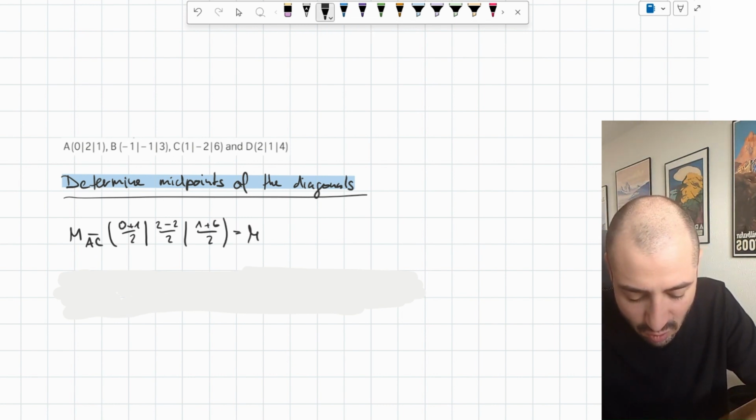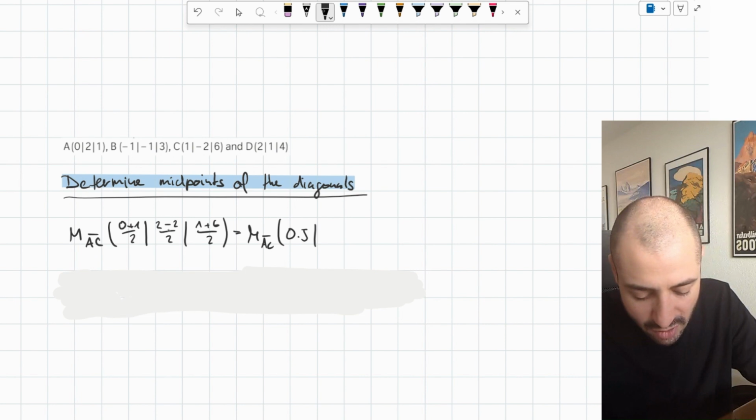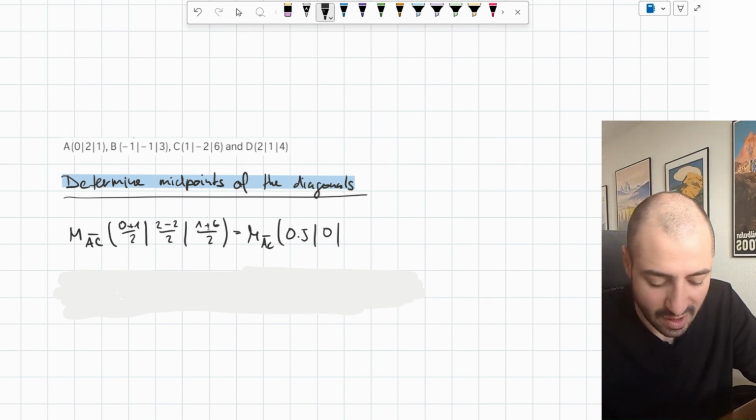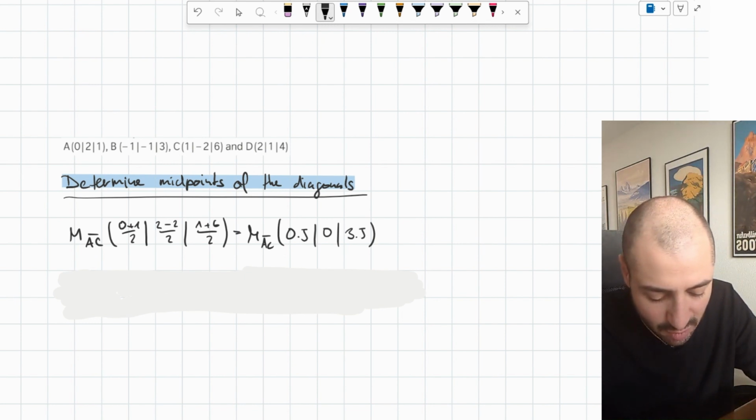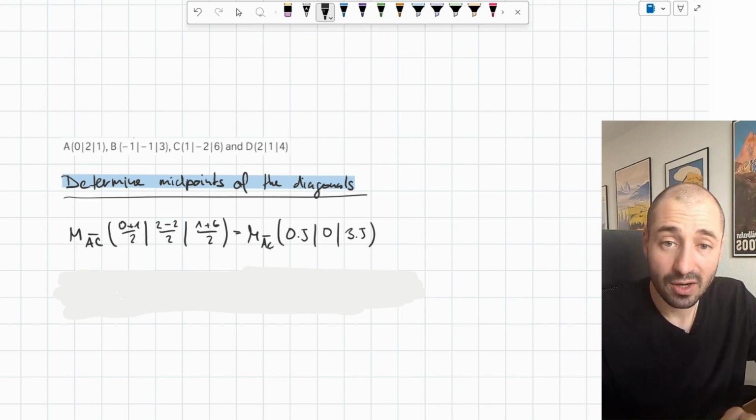If we calculate that, we get 1/2. Here we get 0, and for the z-coordinate we get 7 divided by 2, so 3.5. So that's the midpoint of the diagonal AC.